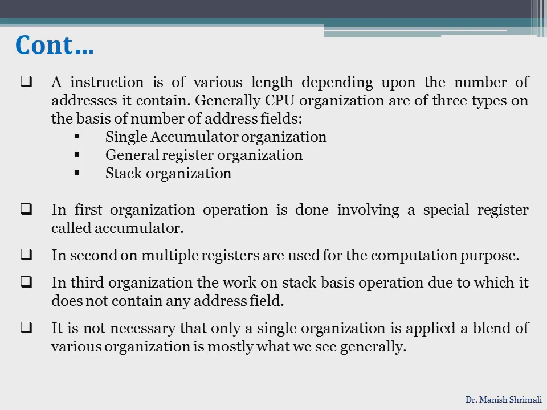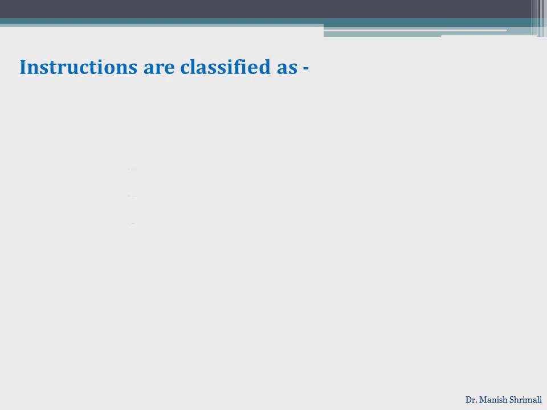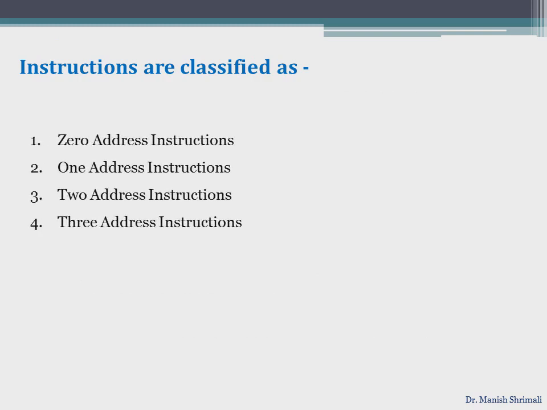It is not necessary that only a single organization is applied; a blend of various organizations is mostly what we are looking at. Next, these instructions are classified as zero address instructions, one address instructions, two address instructions, and three address instructions.